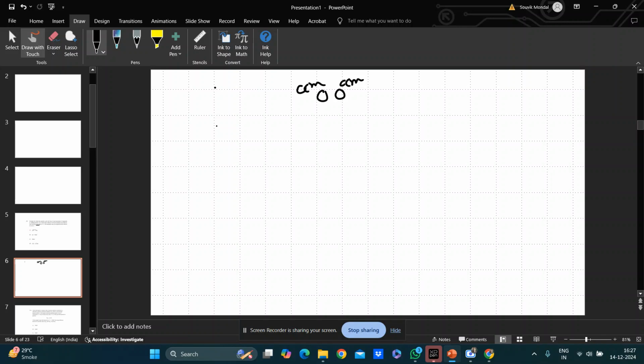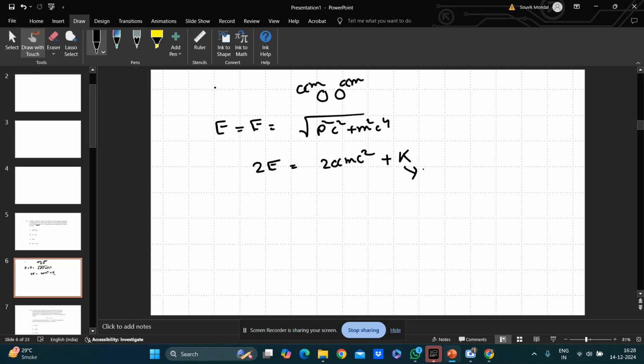Both the particles have energy E equal to root under p square c square plus m square c to the power 4. So 2E is equal to 2 alpha m c square. This is the condition for minimum momentum, because they could have kinetic energy, but since we are calculating the minimum momentum required to create these particles, they are only just created, so they don't have any kinetic energy.